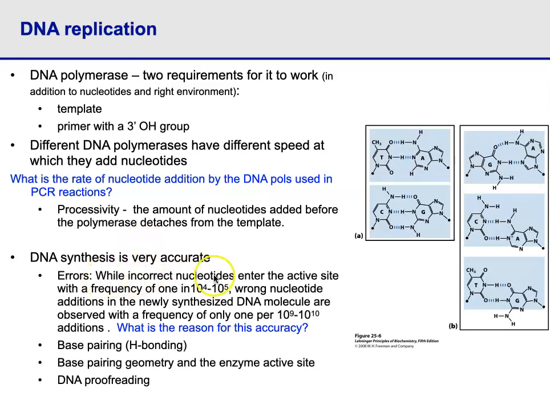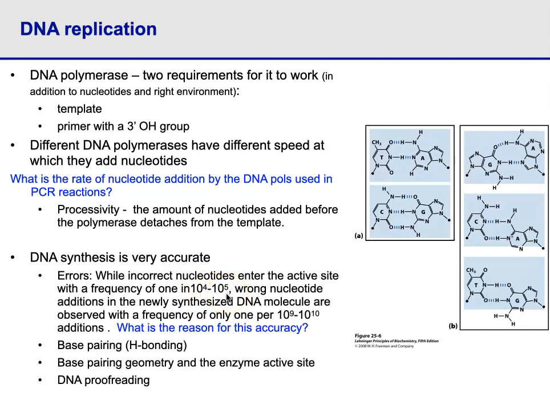So DNA synthesis is, like I said, a very accurate process, but there's something very interesting about that accuracy, and that is it's been found that wrong nucleotides enter the active site with a frequency of 10 to the 4th, 10 to the 5th.